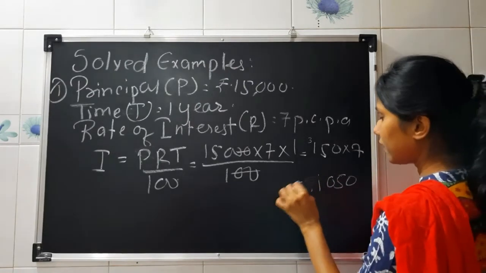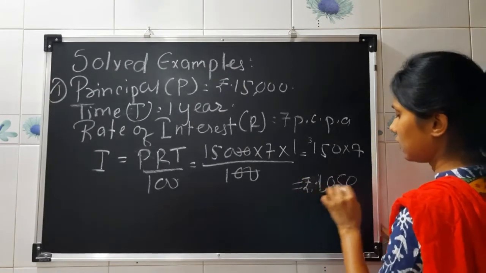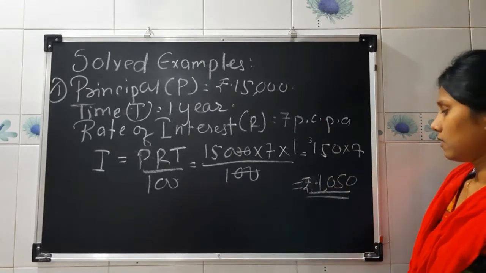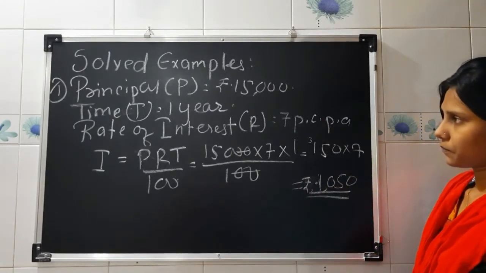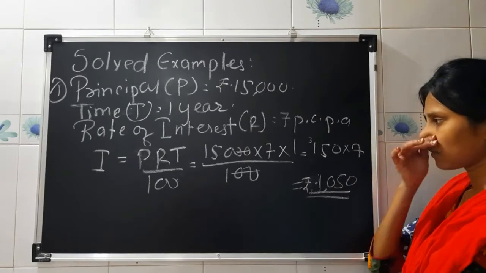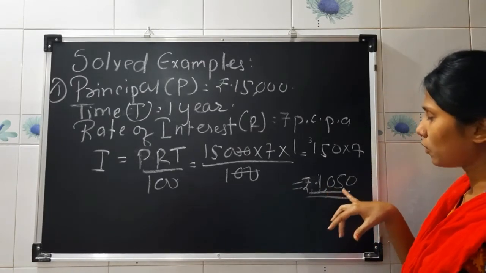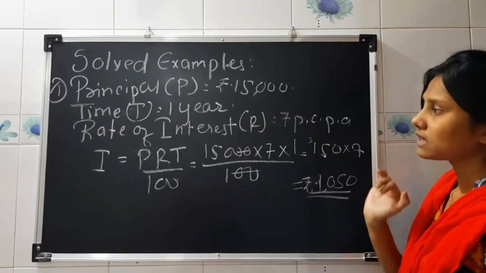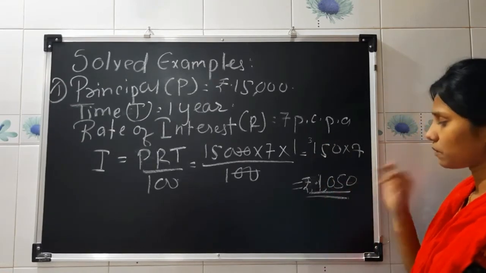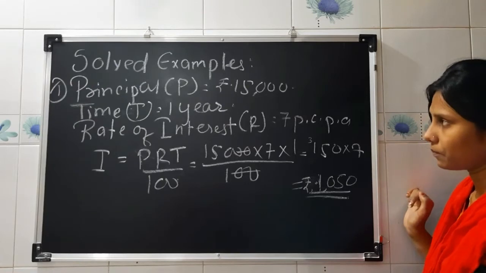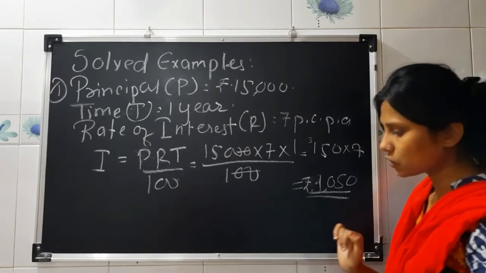So the interest amount is 1,050 rupees. Understood? Therefore the amount of interest which Vinita will receive is rupees 1,050.